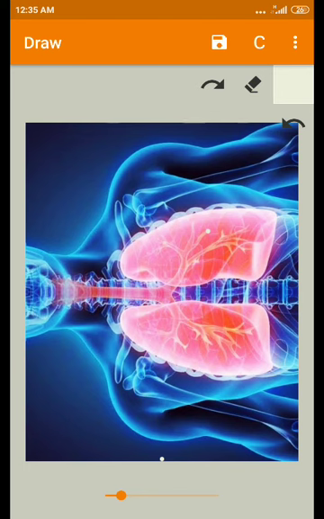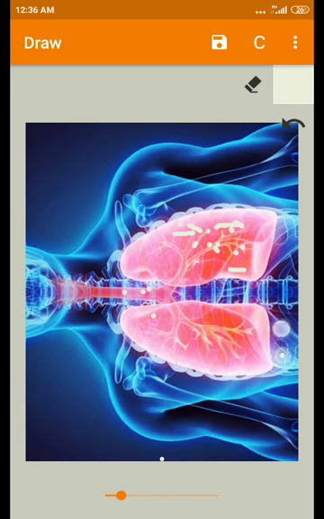Okay, so as the elasticity decreases, what happens? More air is left inside the lung. That is called air trapping. So what happens? An increase in the anteroposterior diameter of the hyperinflated thorax occurs.